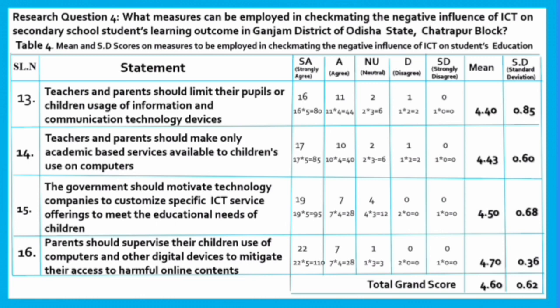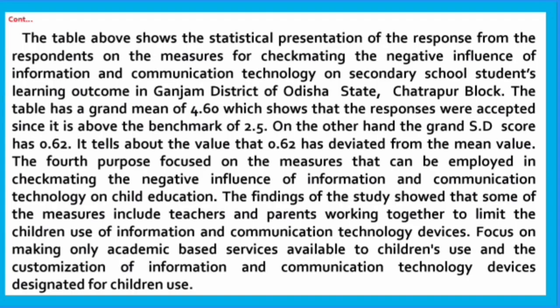Here, in this table, the total grand mean score is 4.60 and the standard deviation score is 0.62. The table above shows the statistical presentation of the responses from the respondents on the measures of checkmating the negative influence of information and communication technology on secondary school students' learning outcome in Ganjam district of Odisha state, Chhatrapur block.